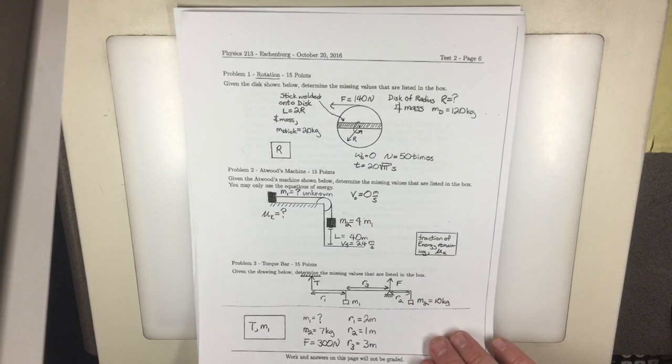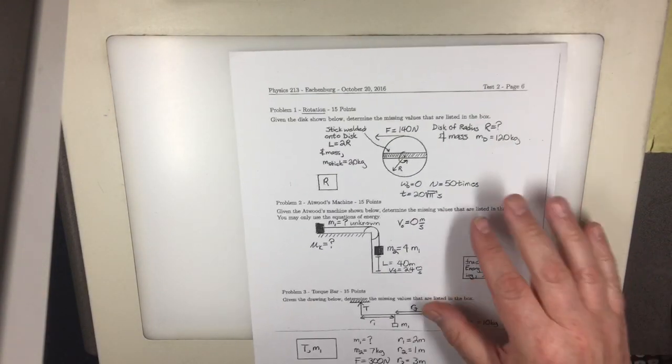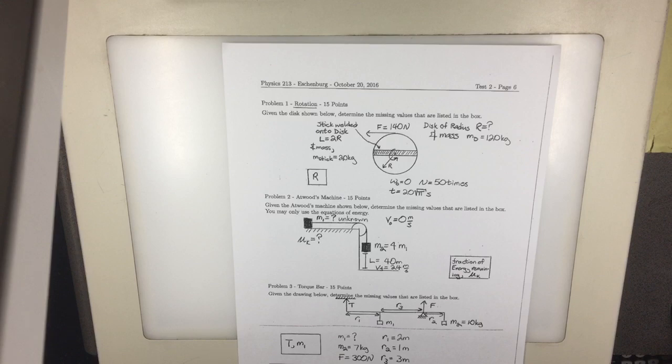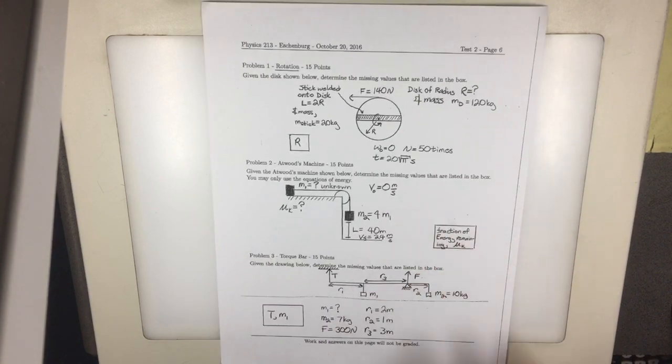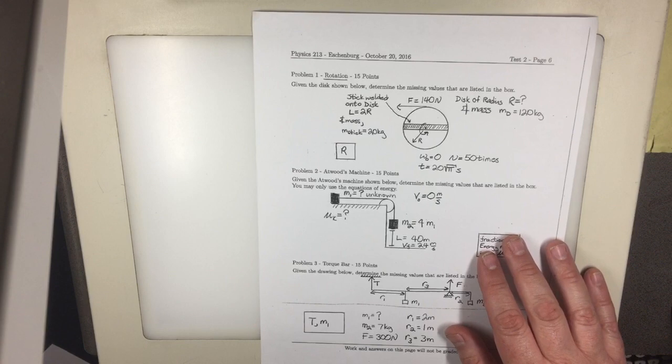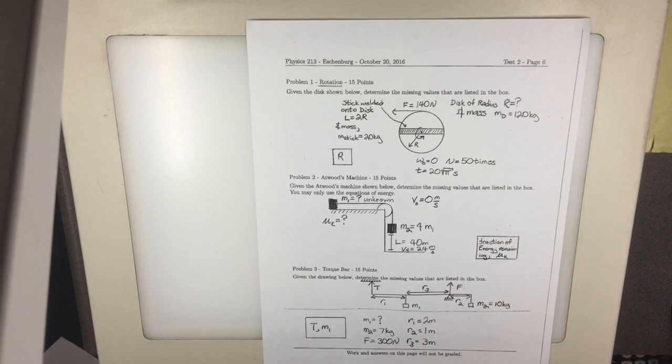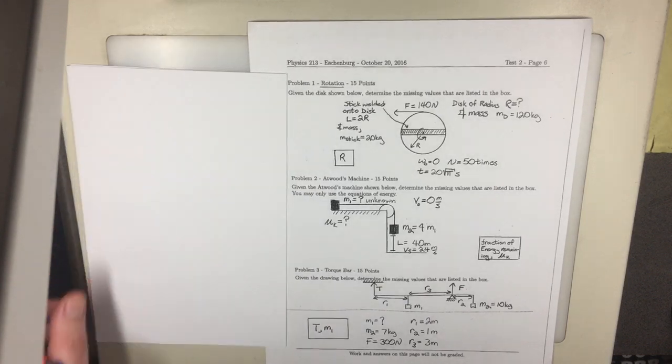All right. Problems. In this particular case, we've got a disc, and a stick is welded onto the disc.